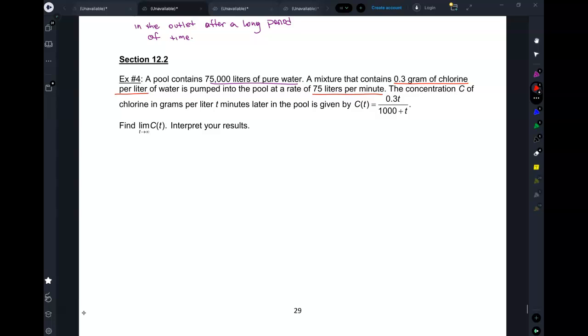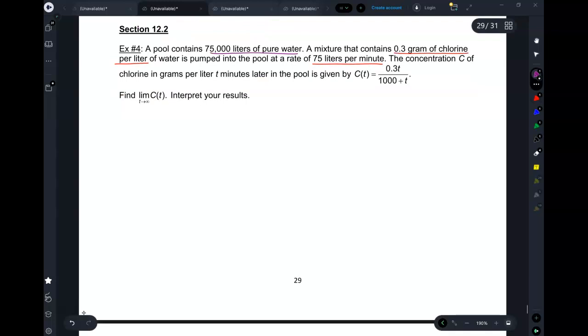So you start out with fresh water and now you're pumping in water that has this much concentration. The water being pumped in has 0.3 grams of chlorine per liter. Eventually, the chlorine content of the pool will change, yes? And that concentration is changing according to this. So find the limit as t approaches infinity and interpret your results.